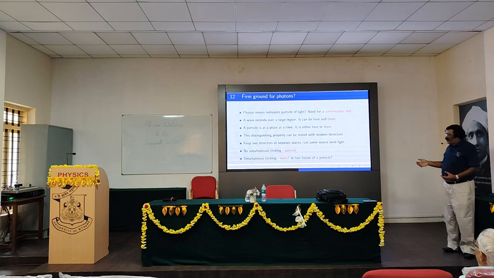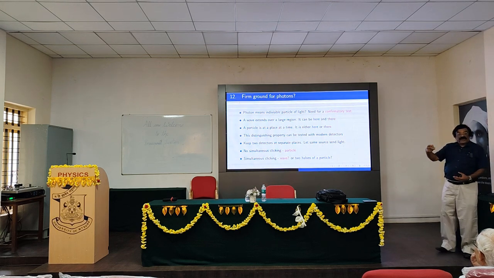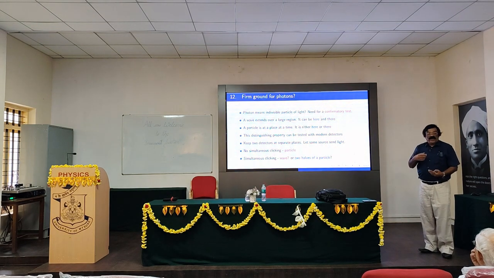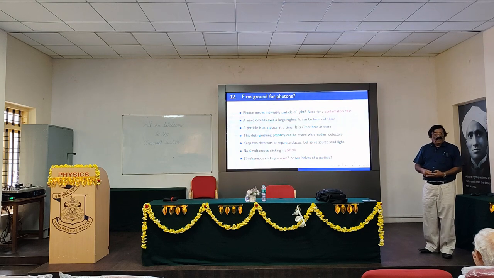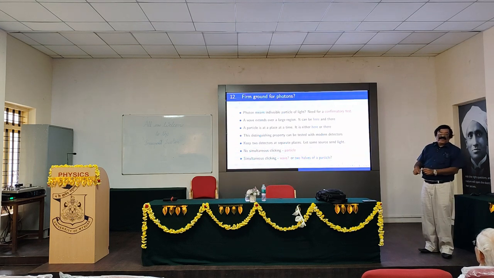In fact, Feynman says in his lecture, suppose two detectors in the two-slit experiment detect at the same time, what do I understand? He is looking at the electron interference experiment. He asks, did the electron divide itself into two, half going here and half going there, therefore we got a simultaneous click?